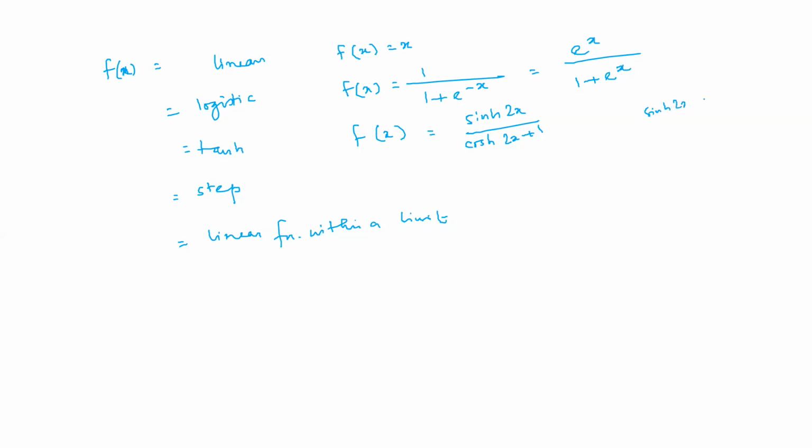Basically, sin h of x is equal to e to the power x minus e to the power minus x divided by 2, and cos h of x is e to the power x plus e to the power minus x divided by 2.